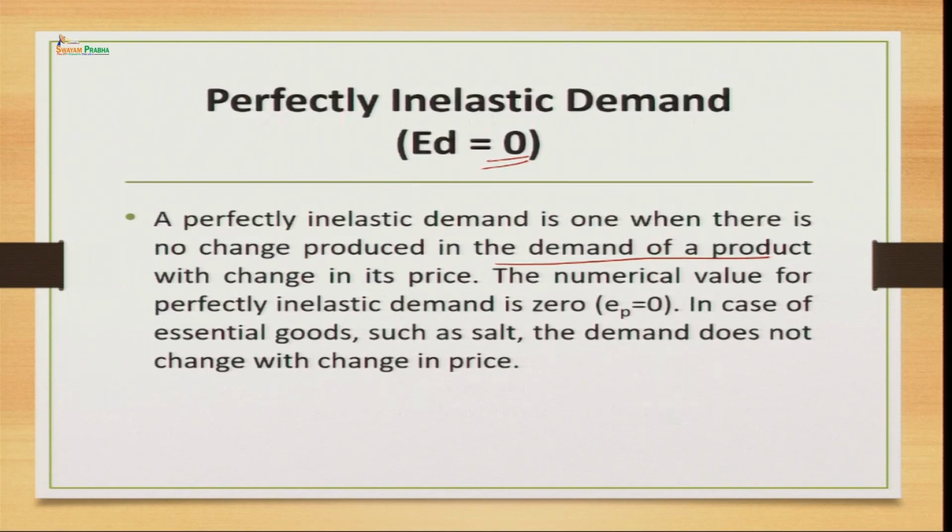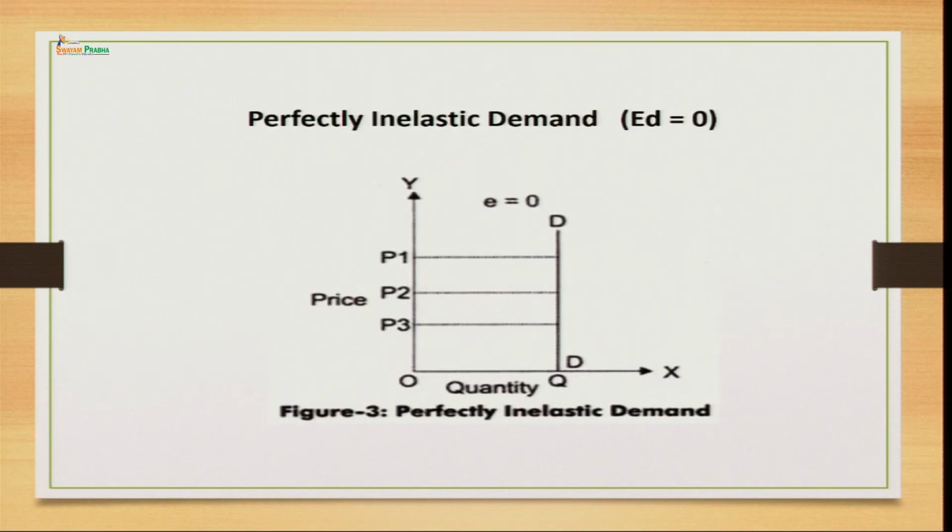Now, even if you are increasing the price or the price is decreasing, there is no change in the quantity demanded, the quantity demanded will remain the same, and this is how we represent perfectly inelastic demand, where the elasticity is equal to 0. An example can be medicine, an example can be salt, right.